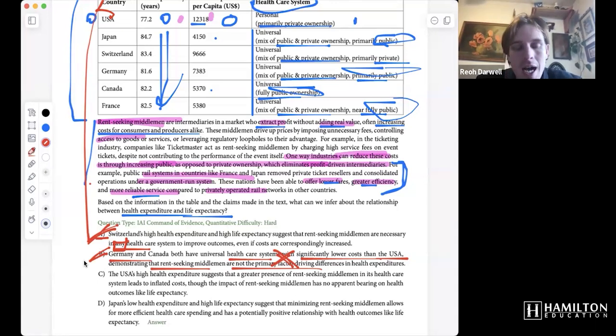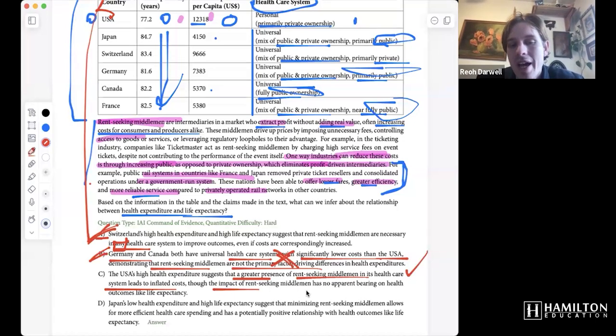Okay. C, the USA's high health expenditure suggests a greater presence of rent-seeking middlemen in its healthcare system leads to inflated costs. Ooh, okay, good. That's very true. All right. But then, though the impact of these middlemen has no apparent bearing on health outcomes like life expectancy, now this is where the point gets muddied.